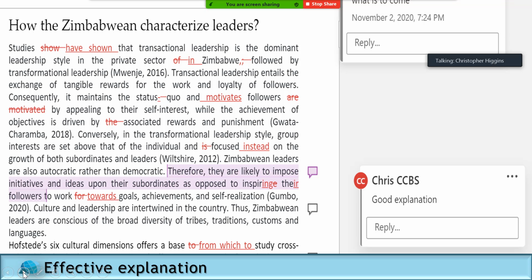Now, what I tended to see in a lot of other CPs sometimes was teams would just leave it there. They would say leaders in country X are transformational rather than transactional. Then they would move on to talk about something else. That's not enough. You need to show some examples of what that means. They do that well here. Therefore, and then they show what does that mean in practice? What does that look like if you're actually working here?